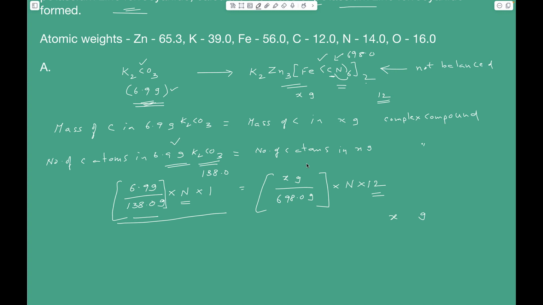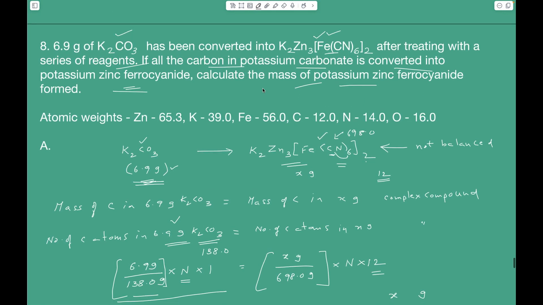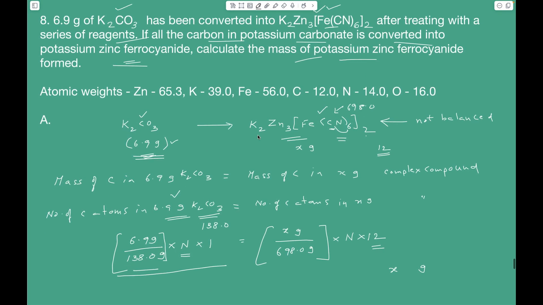See, again, we are able to answer this question without needing a balanced chemical equation. We applied the law of conservation of mass to the element carbon because in the question it is given that all the carbon present in the sample of potassium carbonate that we took got converted into this complex compound.